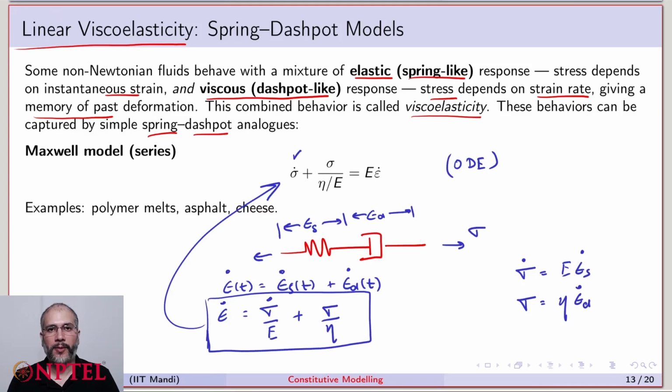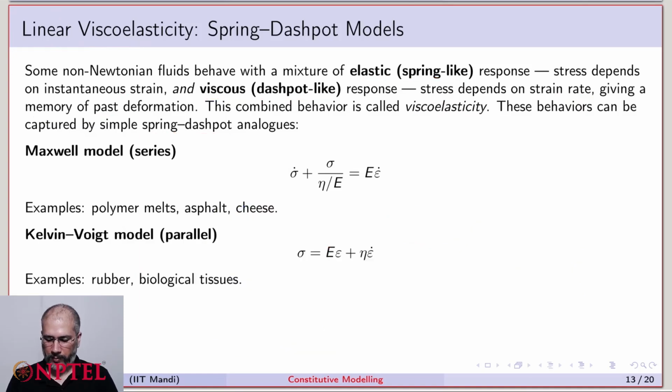Examples of materials which are modeled using the Maxwell series model are polymer melts, cheese, and asphalt. The other type is called the Kelvin-Voigt model, typically used to model rubber or biological tissues. The Kelvin-Voigt configuration is when you have the spring and the Dashpot in parallel.